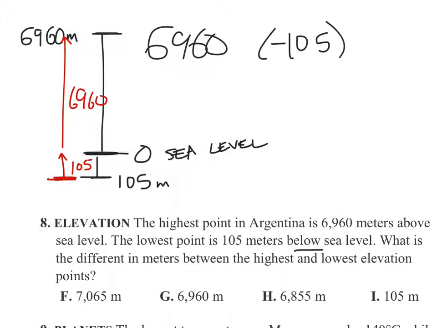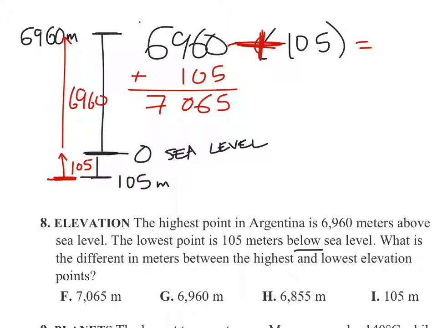And since it's a difference, we would subtract these. And then, of course, we'd make that a big plus sign right up in here. So when we add these two together, some of you guys like the vertical addition, like these. 5, 6, 0, and 7. Carry the 1. Bam! And that's in meters, of course. So it appears that our answer is F.